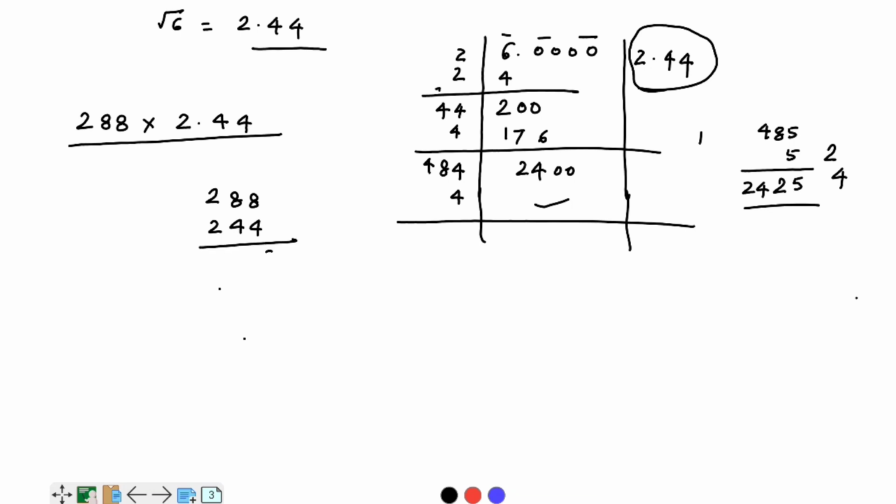So 4 8s are 32, 2 3s are... 4 2s are 8 and 3 is 11. Okay, and again this same value 1152, and 2 8s are 16, 6, 1, 5, 7, like this.